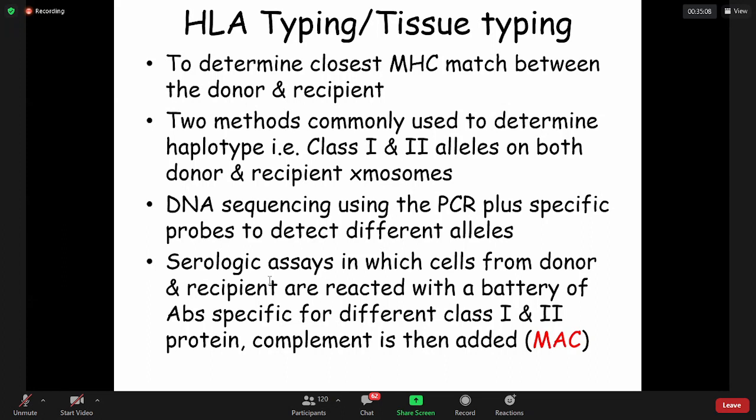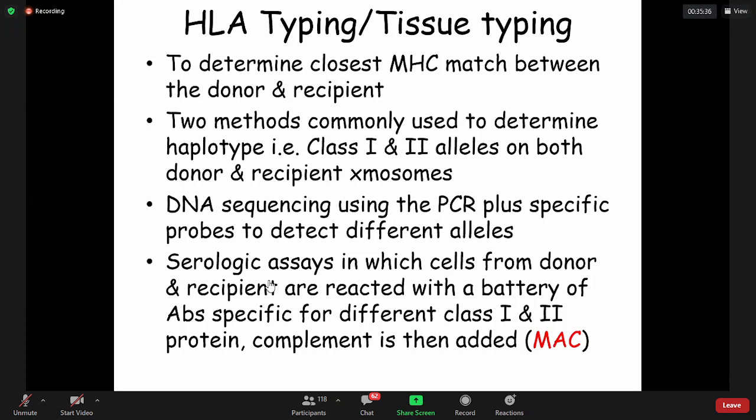To determine the closest MHC match between the donor and the recipient, we do what we call HLA typing. There are two methods that are commonly used to determine your haplotype, whether it's the class 1 and class 2 alleles on both the donor and the recipient chromosomes. The mechanisms involved are quite complex, and I wouldn't want you to waste a lot of time.